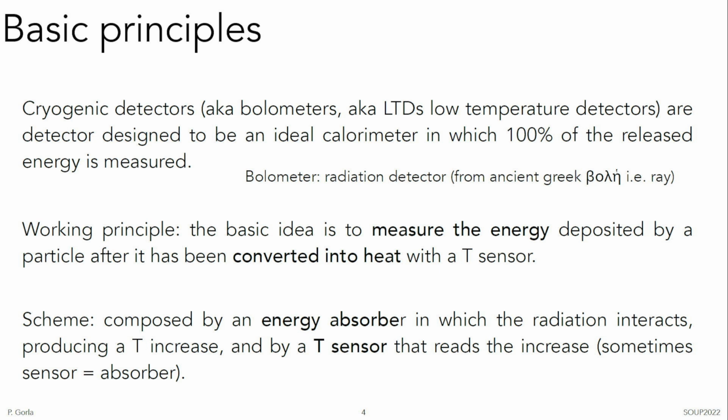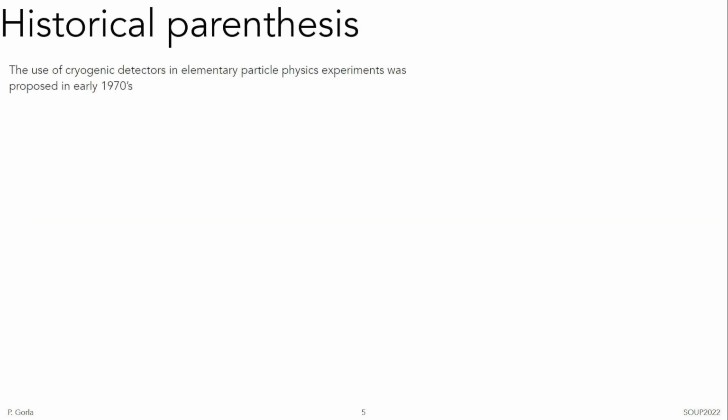In some specific application, you can skip the energy absorber, the temperature sensor being itself the energy absorber. So the radiation interacts directly in the device, which is actually measuring the temperature rise.